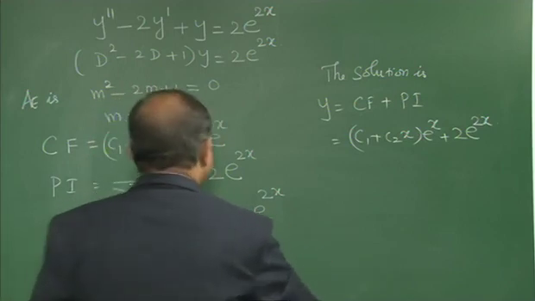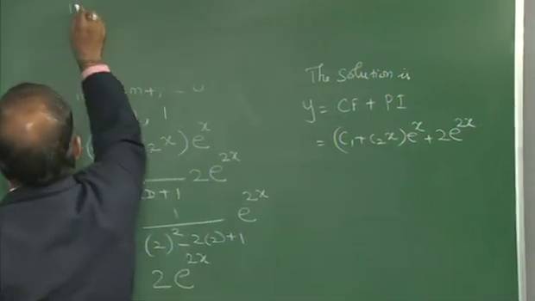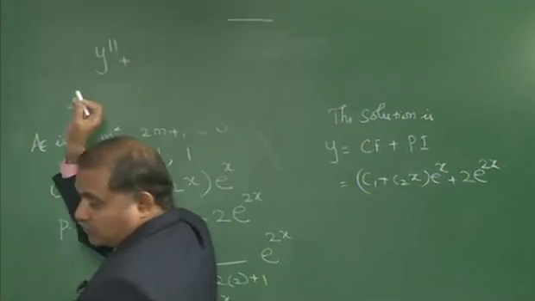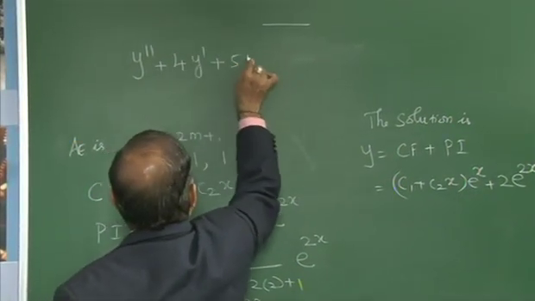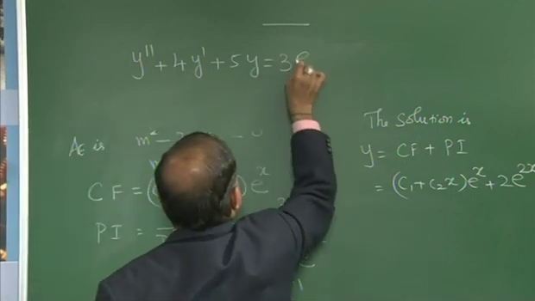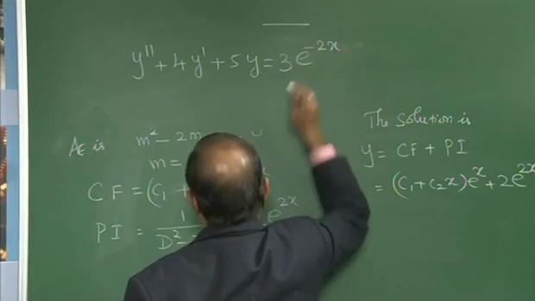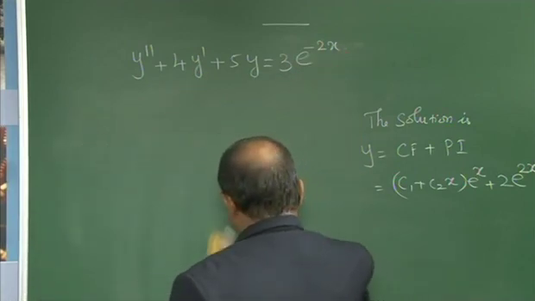y double dash plus 4y dash plus 5y equals 3 e power minus 2x. You can see here I have taken a different one, k e power minus ax, where k and a are different.